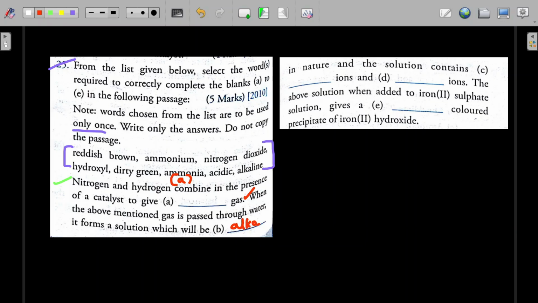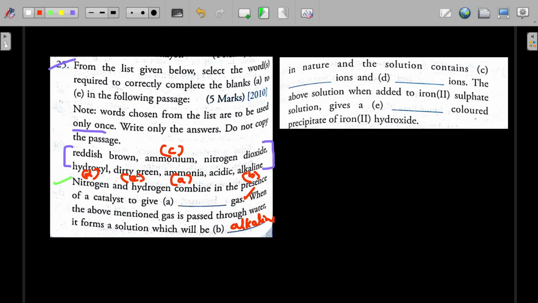So ammonia we are dissolving in water, it is alkaline. It will form two ions, just now we have seen: ammonium ion and hydroxyl ion. Hydroxide and hydroxyl both are the same. The above solution when added to iron 2 sulfate solution gives a dash colored precipitate. So that will be a dirty green precipitate.